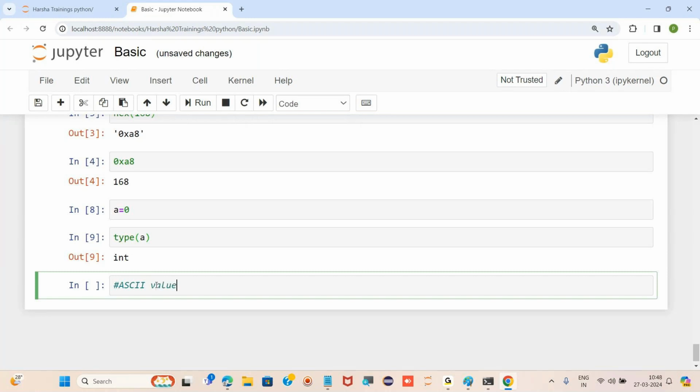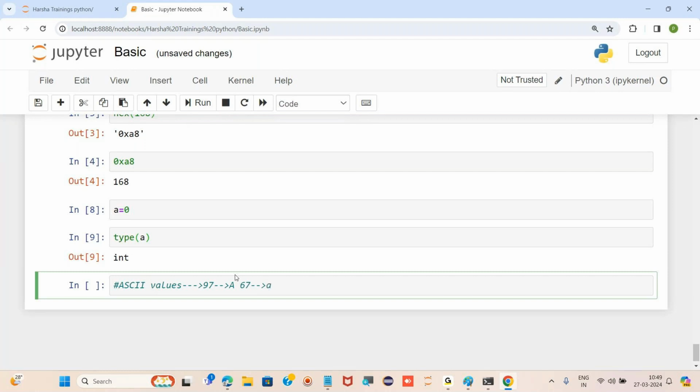Values are nothing but, for each and every letter, we have a specific number. For example, 97, I guess, is capital A, and 67 or 68 is small a.